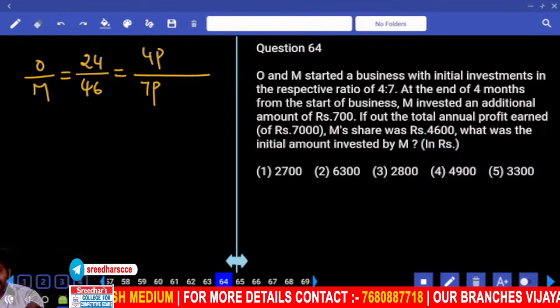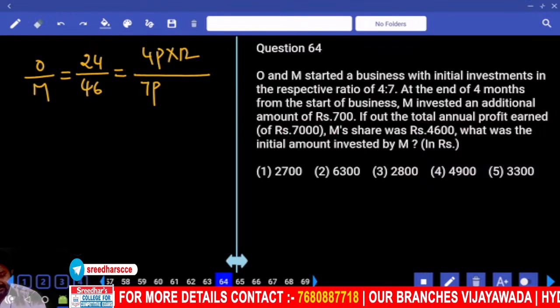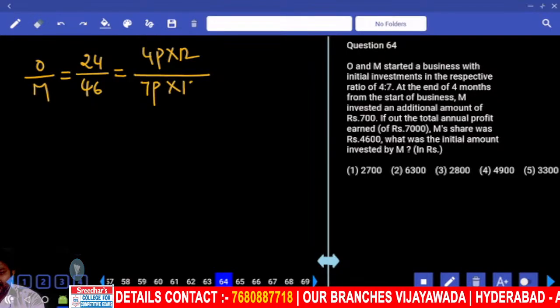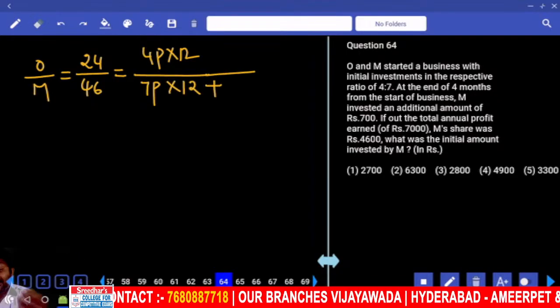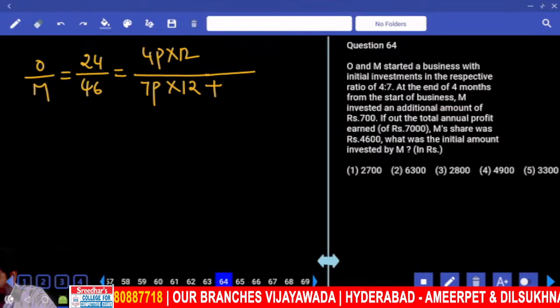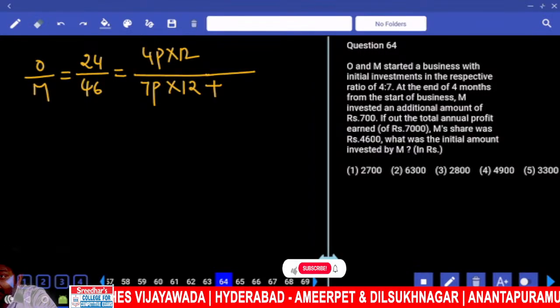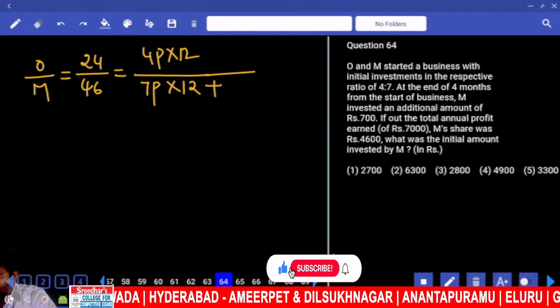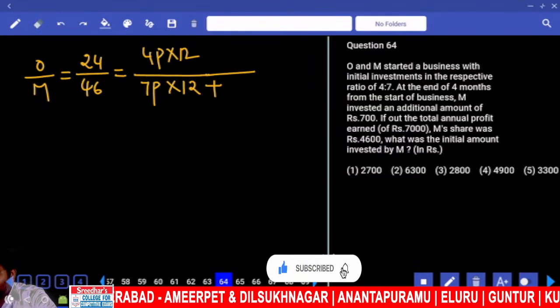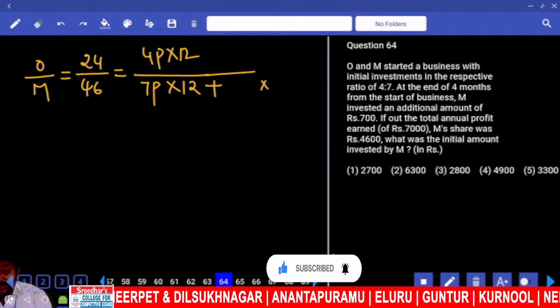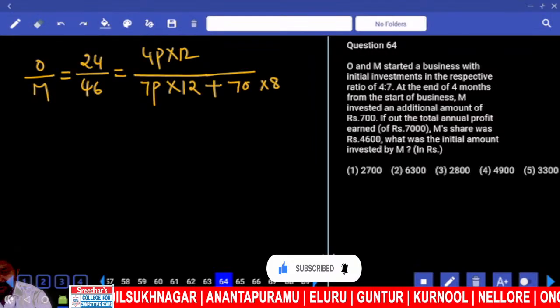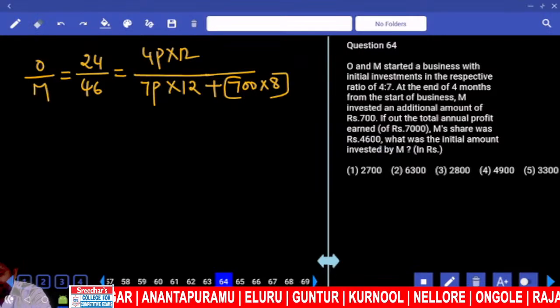Annual profit they said 12 months. Here also 12 months. But there is extra investment for M. When did M add the extra amount? After 4 months. So remaining how many months are there? Those remaining 8 months, extra 700 investment is there. Can I write like this?